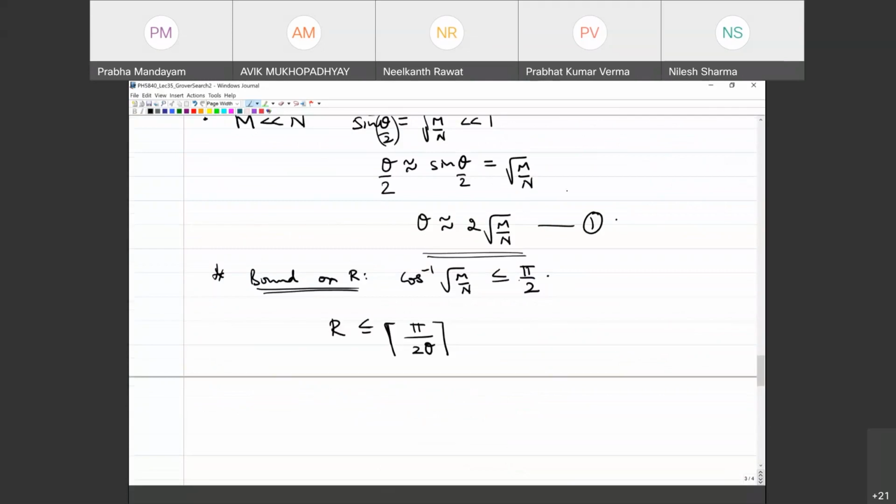actually you don't even have to say m is much less than n. So here itself, 1 over theta becomes essentially square root n by m.